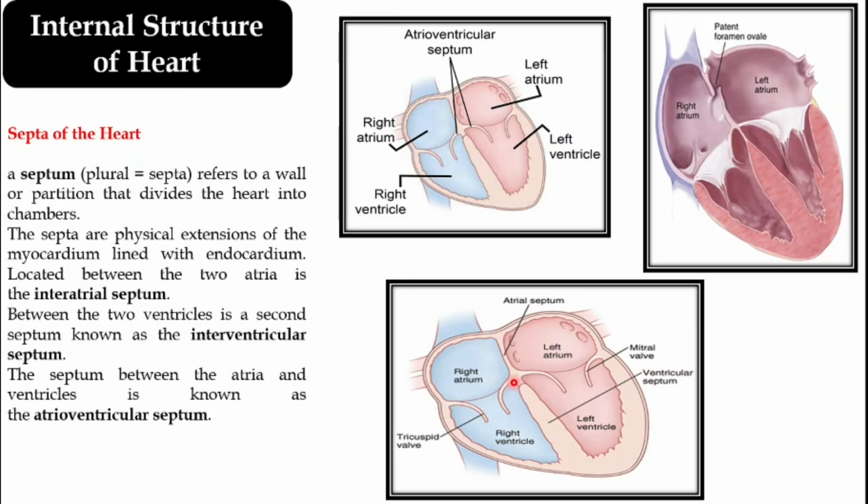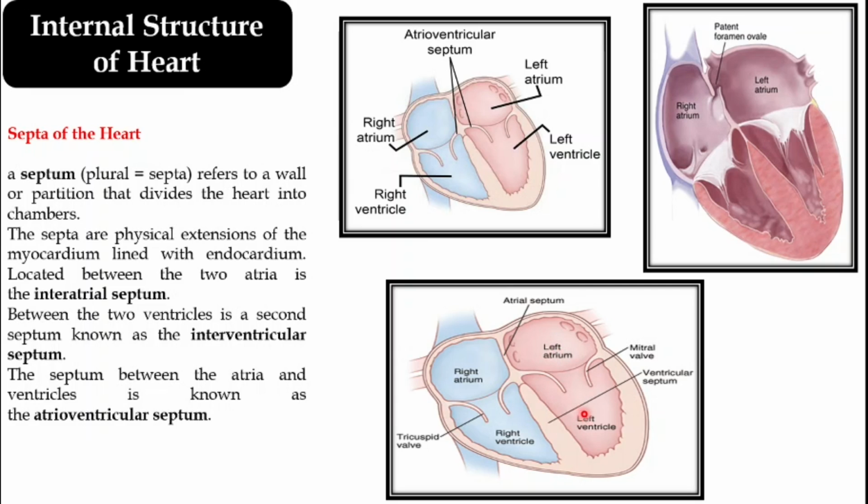You can see these are the valves, and along with the valves we also have a septum. Now the septum which is between the right atrium and the right ventricle, and between the left atrium and the left ventricle, these septa or boundaries are known as the atrioventricular septum.